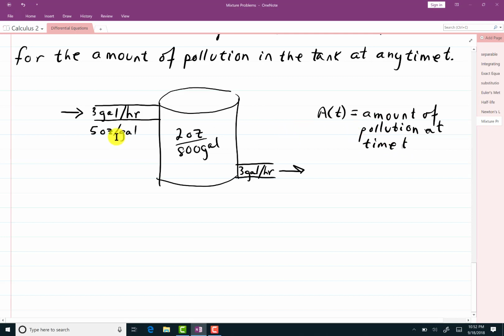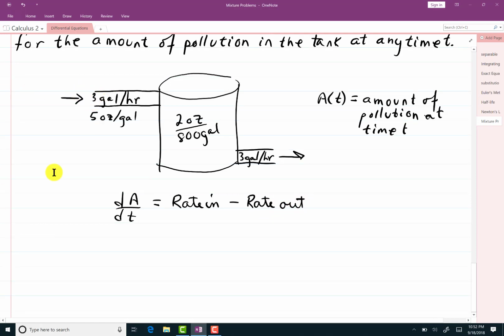Pollution is measured in ounces, and we are going to work the differential equation that talks about how the amount of pollution is changing in the tank at any time. So if I look at dA over dt, once again, that's going to be the rate in minus the rate out.